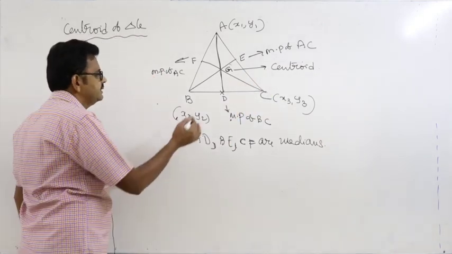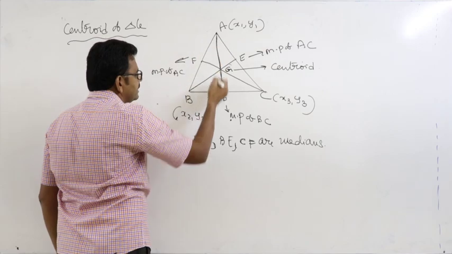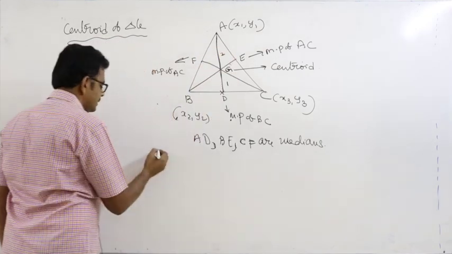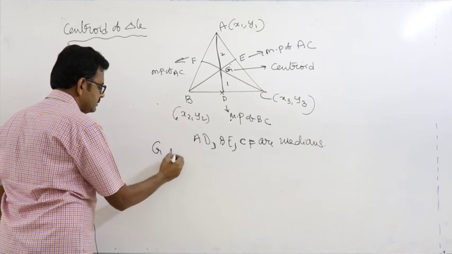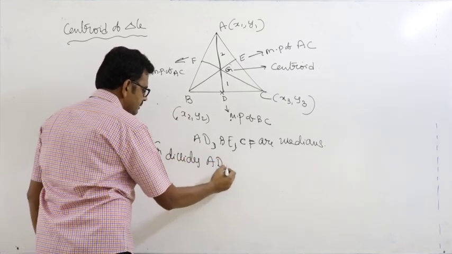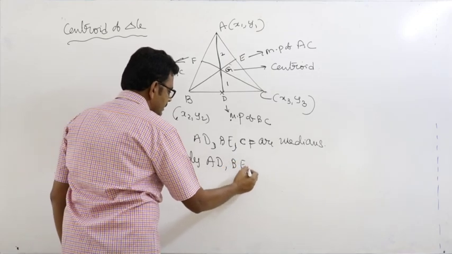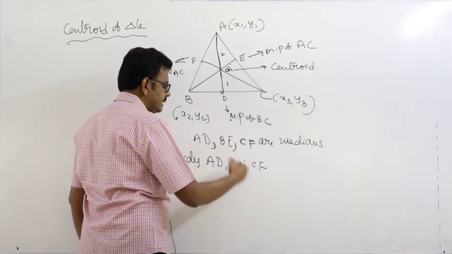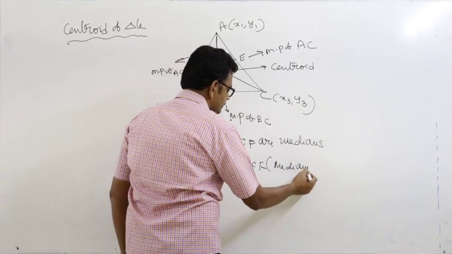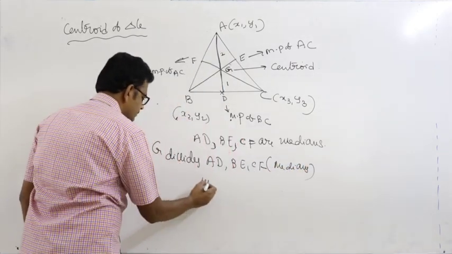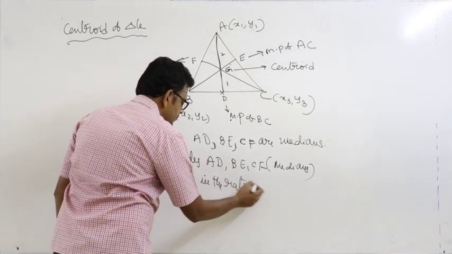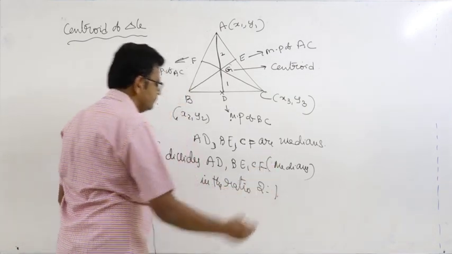And centroid G divides each median in the ratio 2:1. That is, centroid G divides medians AD, BE and CF in the ratio 2 is to 1.